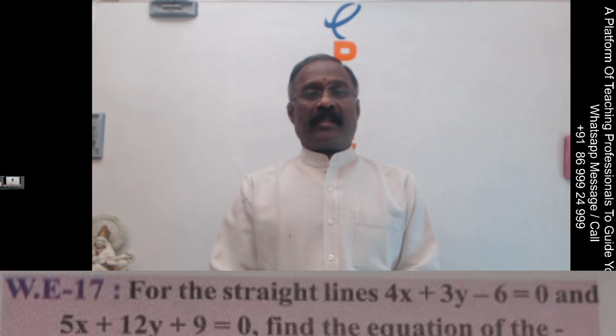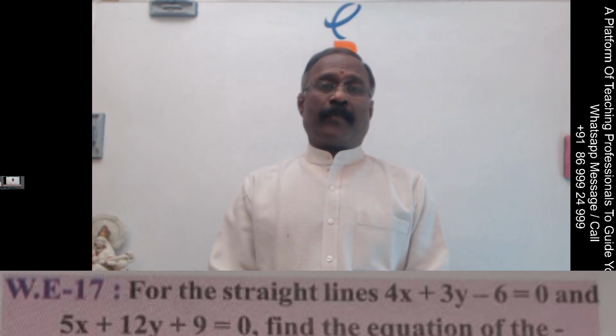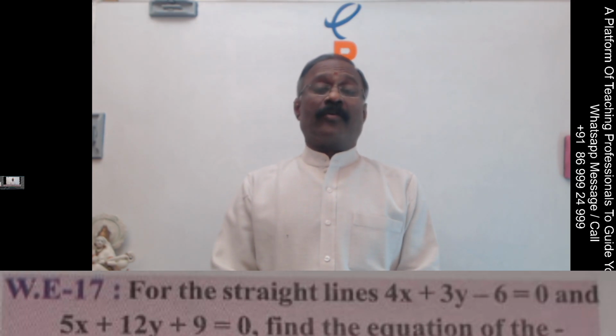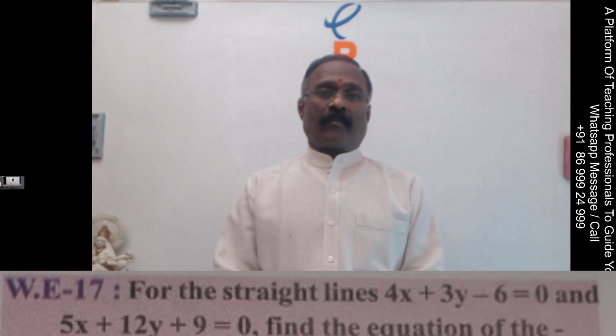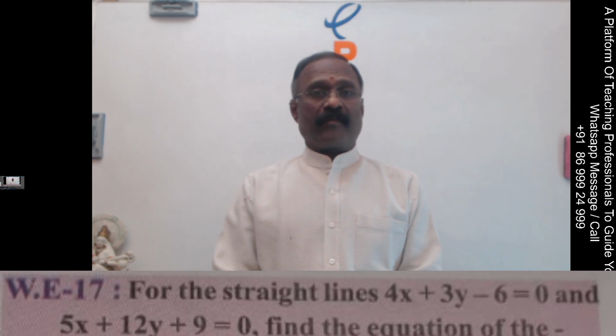Then if both are positive, you take plus for the angular bisector. If they are of opposite sign, then you take minus. That will contain that point x1, y1.